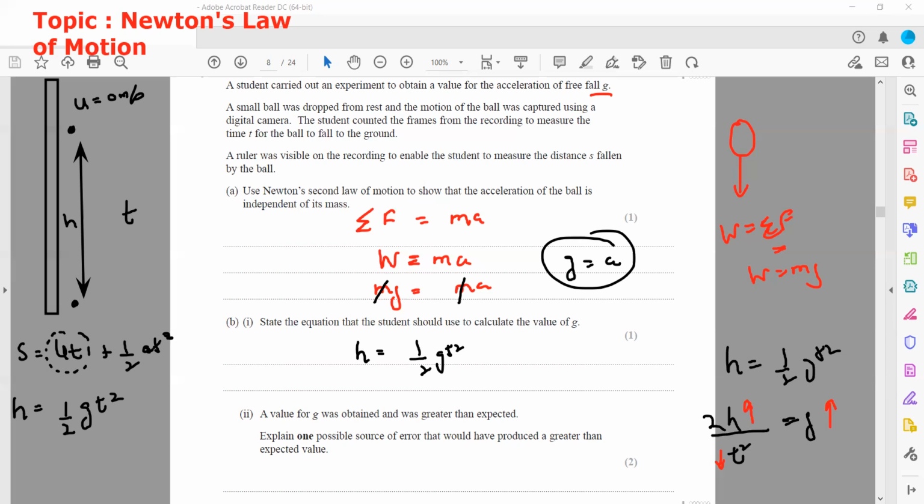If the time we measured is a short time, it means we'll get a higher value of gravity. So you can mention and explain one possible source that would have produced a greater than expected value.